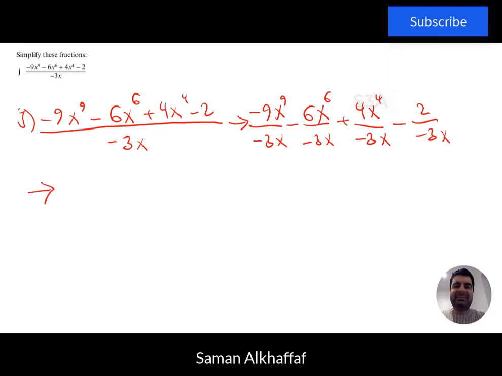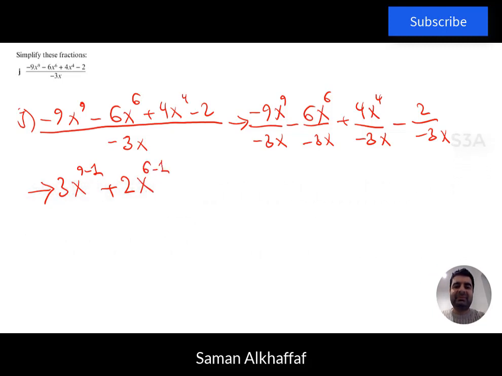To simplify the expression further, the negatives will disappear. 9 divided by 3 would give us 3, and we will have x to the power 9 take away 1. As we move the x from the denominator up, that becomes a negative power, and the negatives for the second term will disappear, so that becomes a positive, and 6 divided by 3 will give us 2 at the top, and x to the power 6 minus 1.